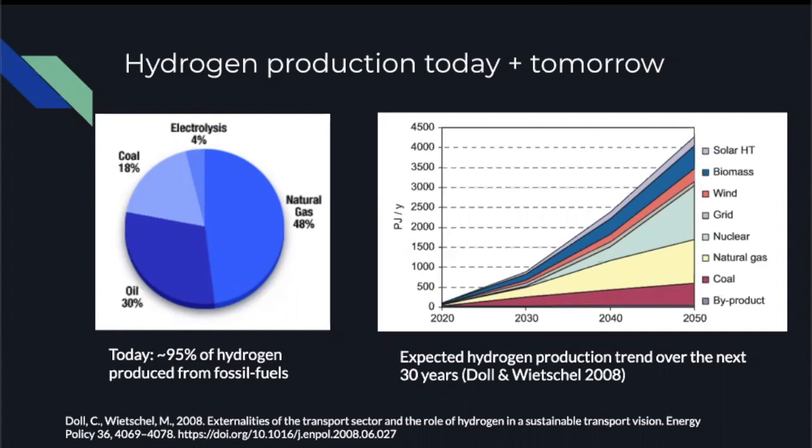It was assumed in the 2008 study that I pulled it from that sometime between 2010 and 2020, hydrogen and fuel cells would begin to be used in the transport industry, dramatically increasing limited demand from only small specialized industries into the massive industry of transportation. With the major developments I have talked about so far, it seems that this may be the exact situation we are in today. Next, I'll be providing you with some insight into different methods to produce hydrogen.